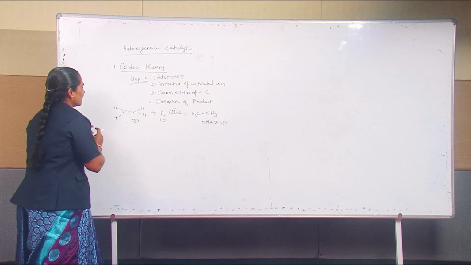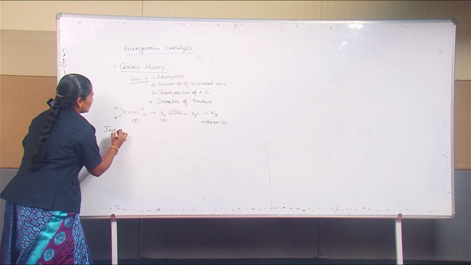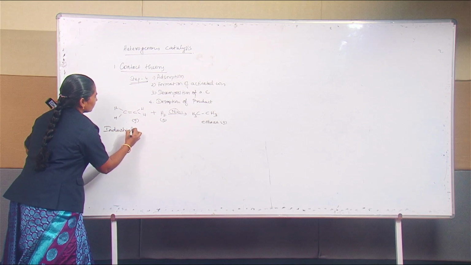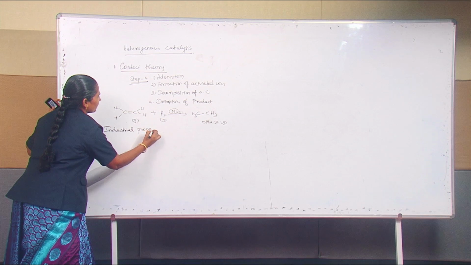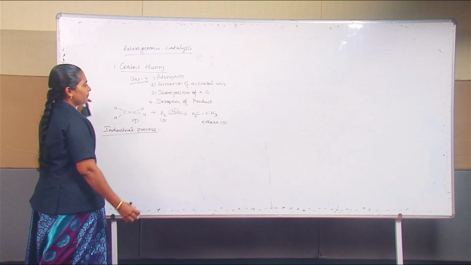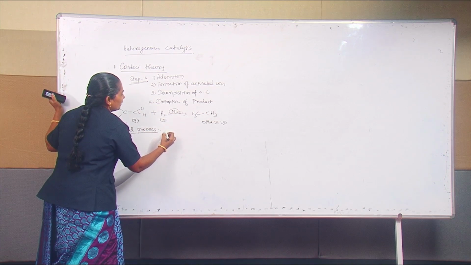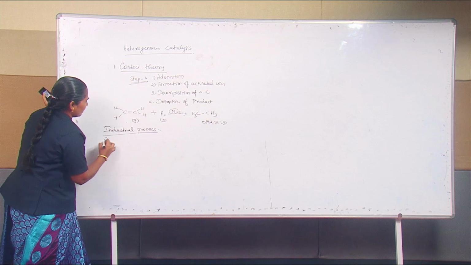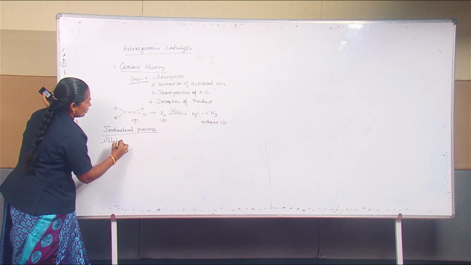So apart from this, we have learnt about many industrial process, how in industries they are using this catalyst to prepare a huge amount of material. So first process we have learnt, that is a Haber process.